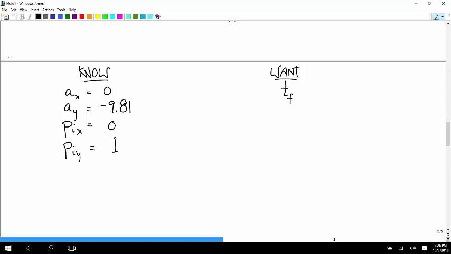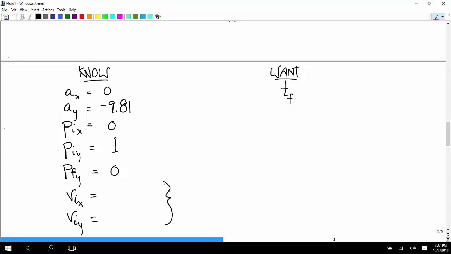Then the final position, it's going to be on the ground. We don't know how far out it's going to be. So we don't know PFX, but we know PFY is 0. Then the velocities, initial velocity, so VIX and VIY, we're going to know both of those.